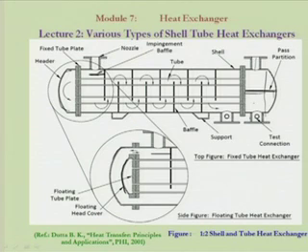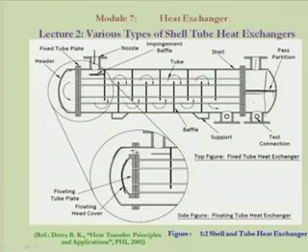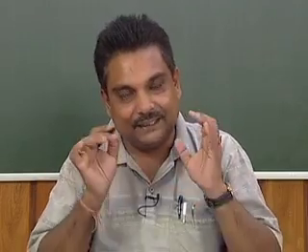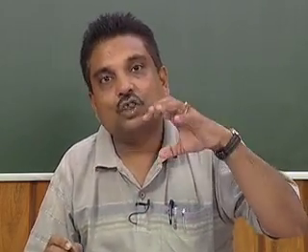The idea behind it is that when a fluid enters, particularly at the inlet side, if it suddenly falls directly on the tube bundle, there is a possibility of damage to the tube bundle by different means. To avoid that damage, the fluids are stopped from directly hitting the tubes or tube bundles.